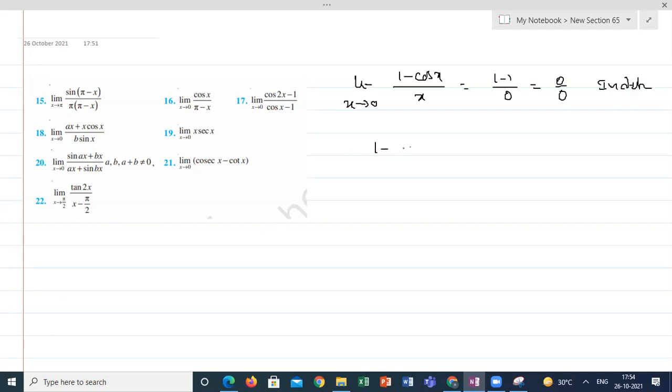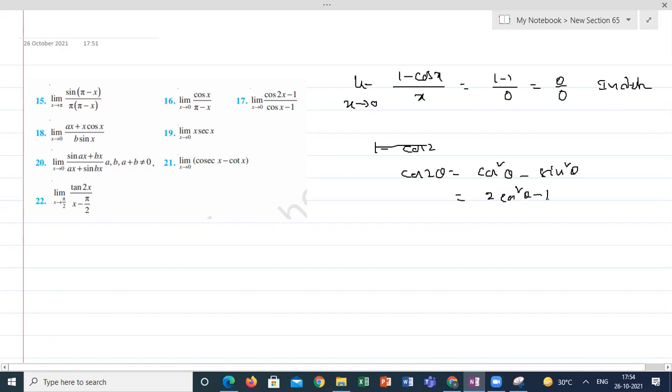We know 1 minus cos 2 theta. Take cos 2 theta, which is cos square theta minus sin square theta, or can be written as 2 cos square theta minus 1, or 1 minus 2 sin square theta.